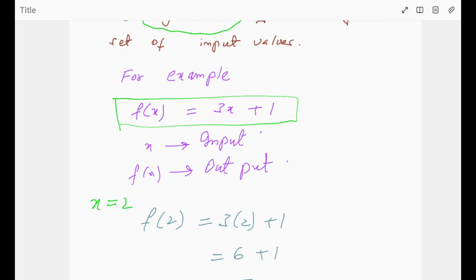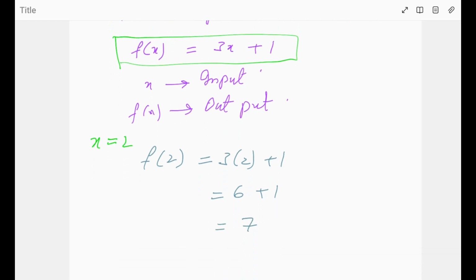So 2 is my input value, and this will give 3 × 2 + 1 = 7. So 7 is your output value. So a function is a rule which maps x values onto f(x) values, or input values to output values.